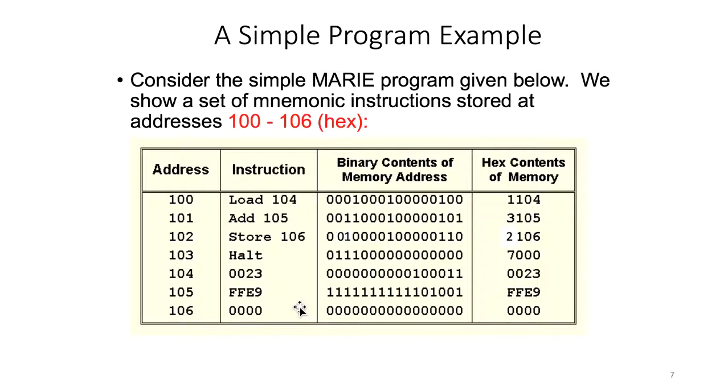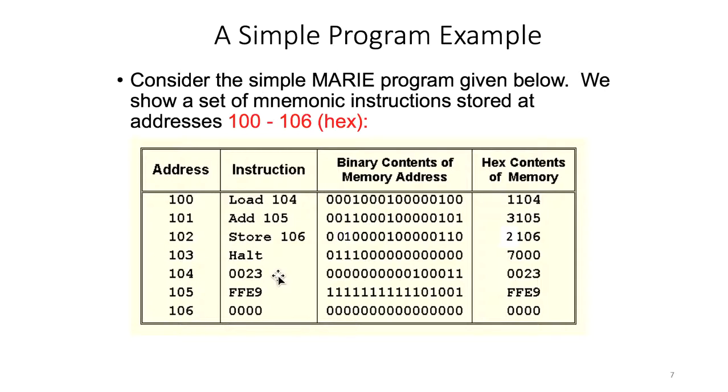In binary representation, store is represented by opcode 0010, and 106 is represented by 0001, 0000, and 0110. In hexadecimal, we have 2106.